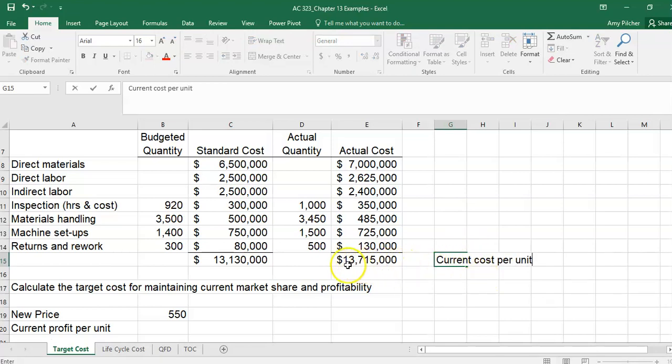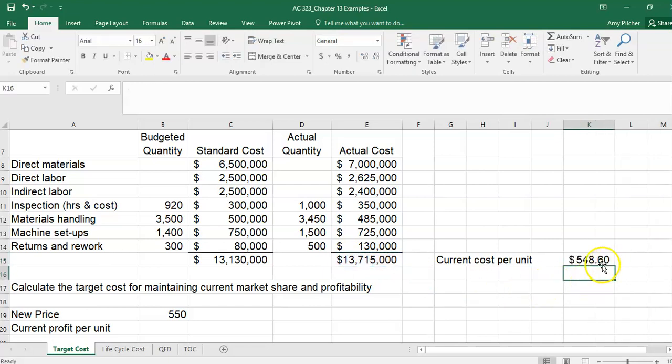So our current cost per unit, we have actual cost of $13,715,000 for 25,000 units. So we take that amount divided by our production of 25,000 units, and we get a current cost of $548.60.